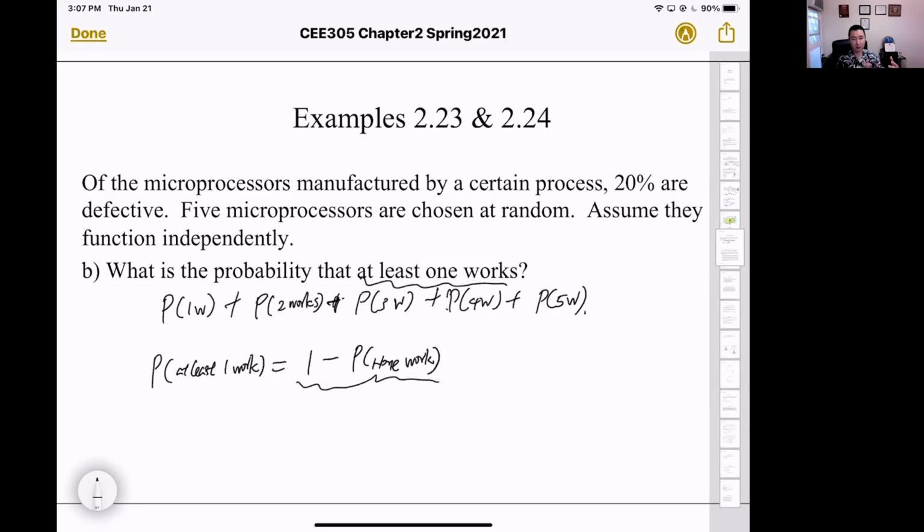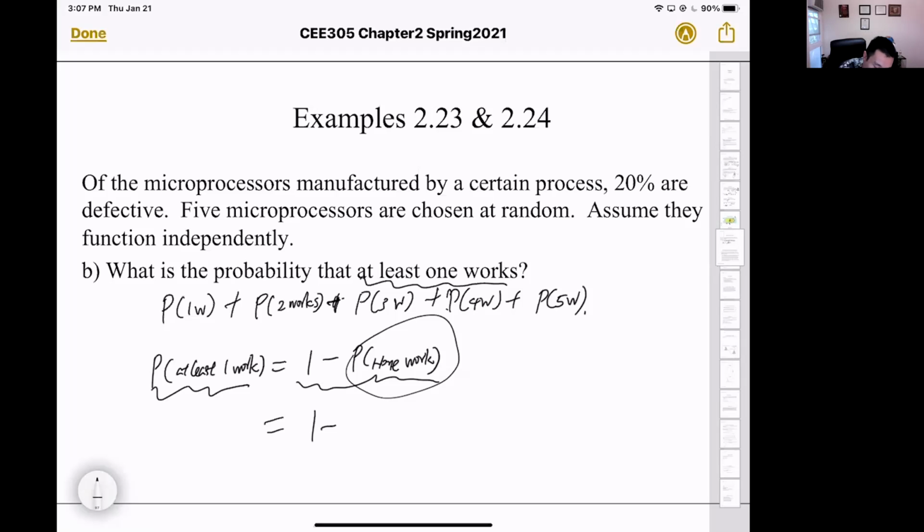Okay, you think of what are all possible outcomes. So the probability at least 1 works plus the probability none work will equal to the whole sample space. So 100%.